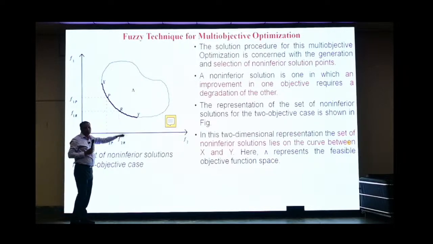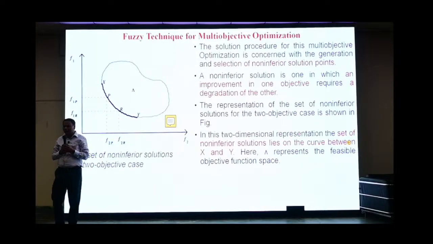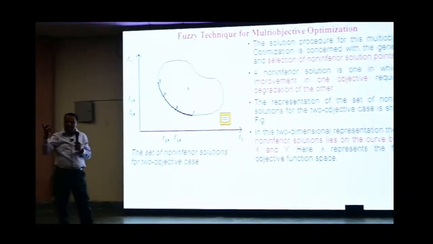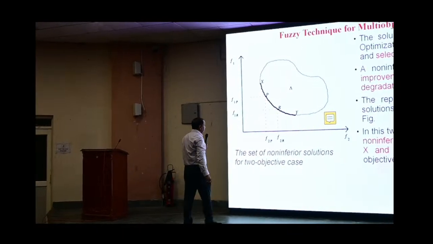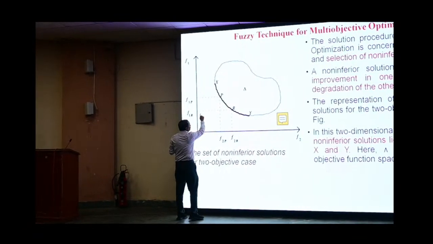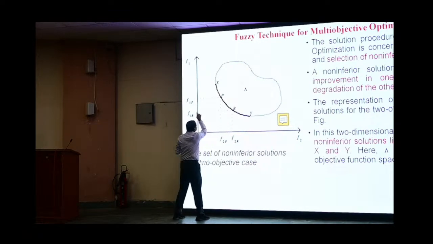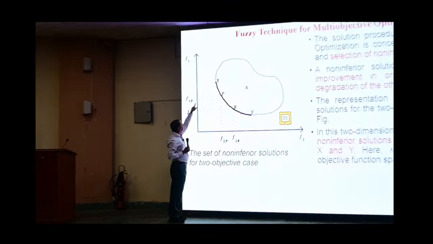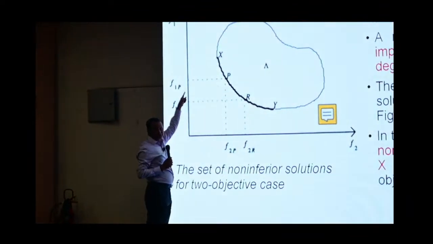This space is known as the non-inferior solution. Because what does it indicate? If you want to minimize one, automatically the second objective is getting off or going towards maximization, and the reverse is true. You see here. Objective function 1 initially it will achieve. Let us say if the objective function is moved here, then it is getting worse.